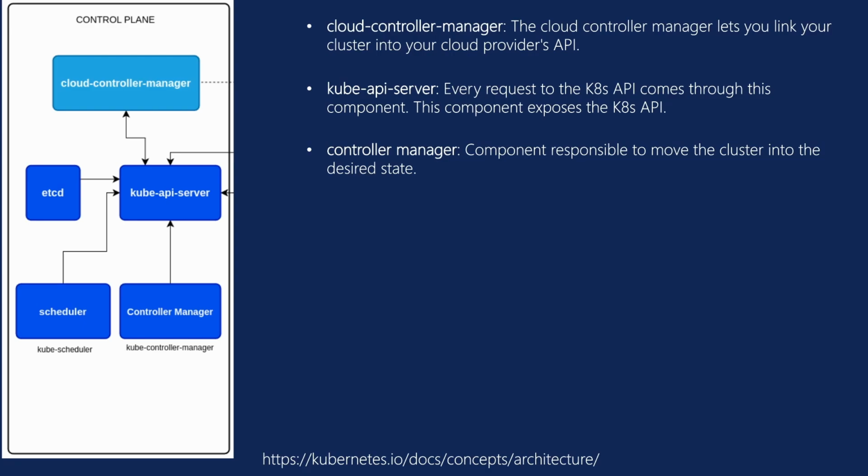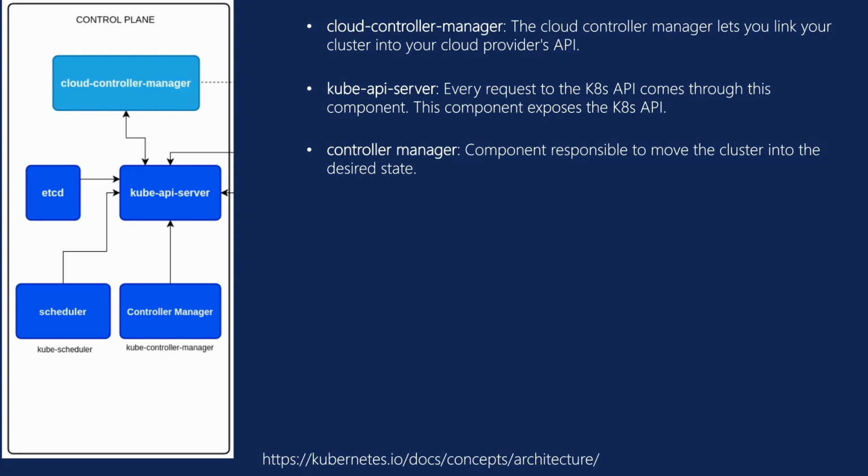If one of them goes down, it's this component that is responsible for checking: I specified my cluster, the desired state of my cluster is to have 3 Nginx instances running. I only have 2. What can I do to move the cluster from the current state, which is 2 Nginx instances, to the desired state, which is 3 Nginx instances?